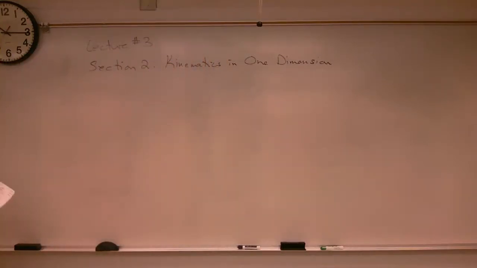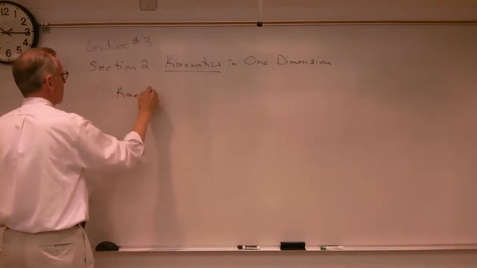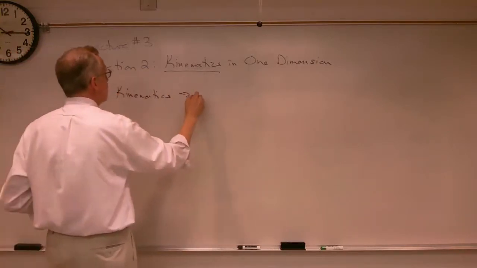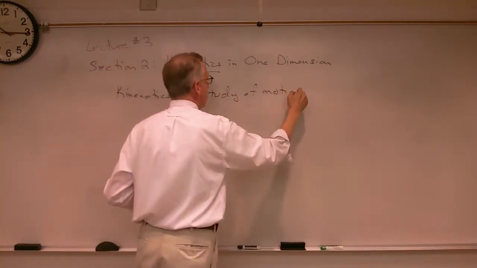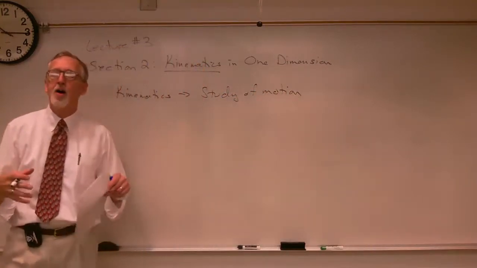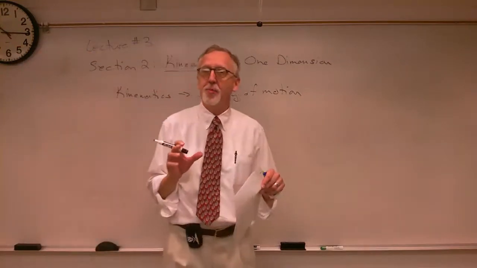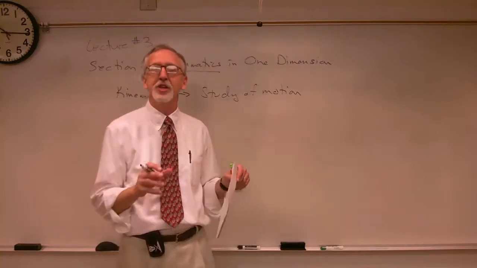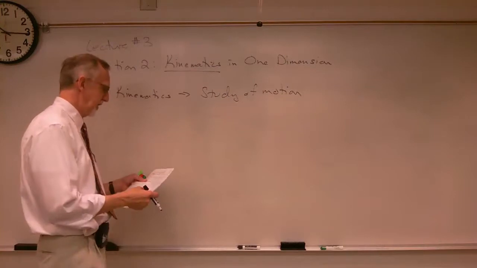First of all, kinematics is the study of motion. In other words, the study of how objects move. Not why they move or why they have the particular type of motion that they do, but just a look at their motion. What different kinds of motions can objects have?